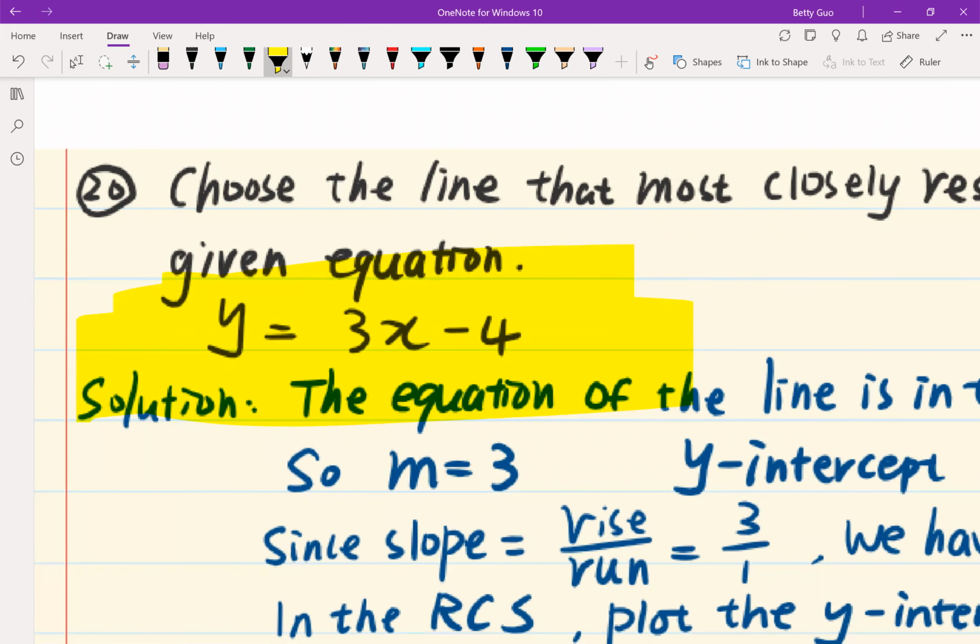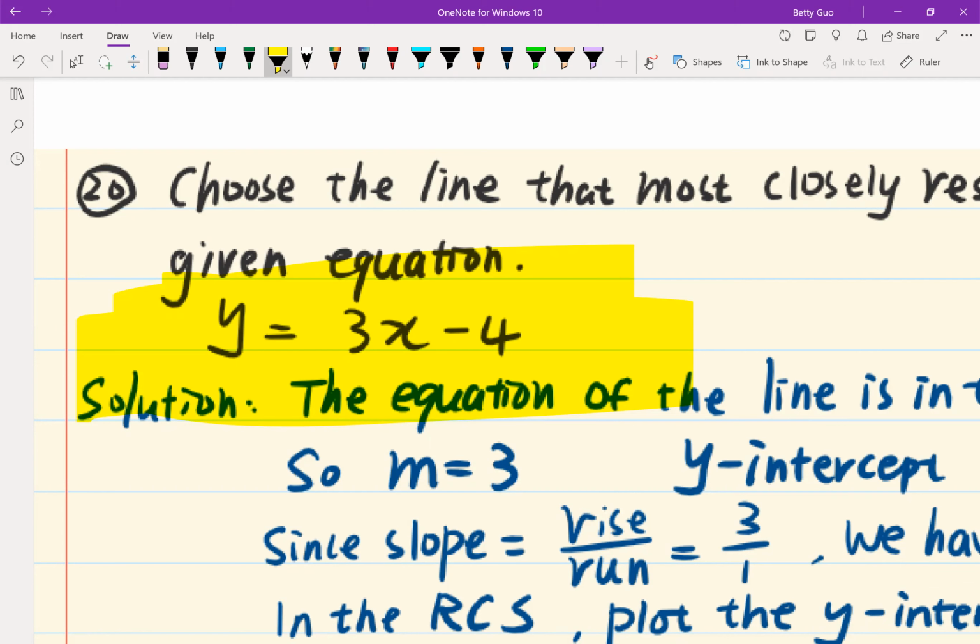Can you do that? What form is this equation in? Standard form, point slope form, or slope intercept form? Slope intercept form. Very good.